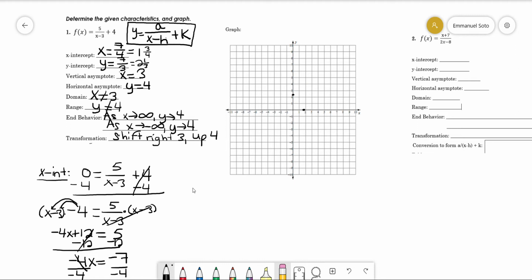We got our vertical asymptote x equals 3. Go ahead and draw that the best we can. And then we're going to draw our horizontal asymptote at 4.